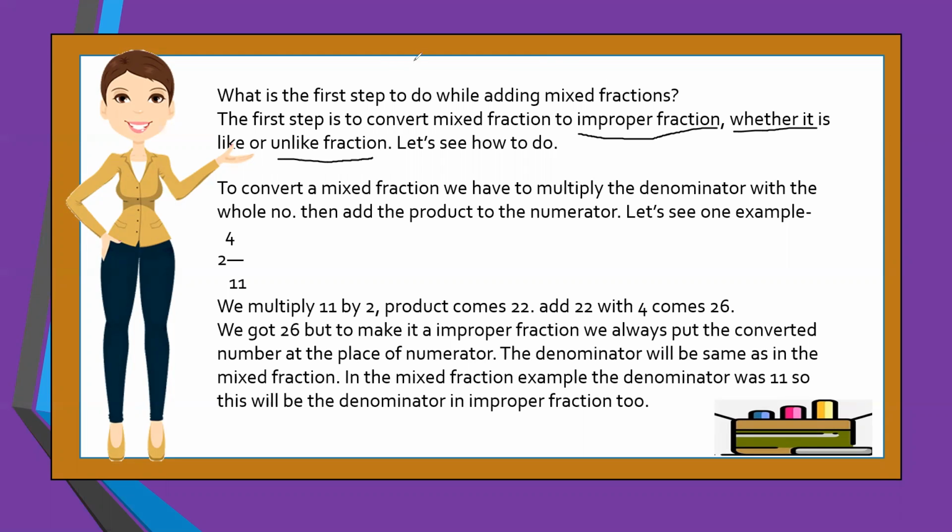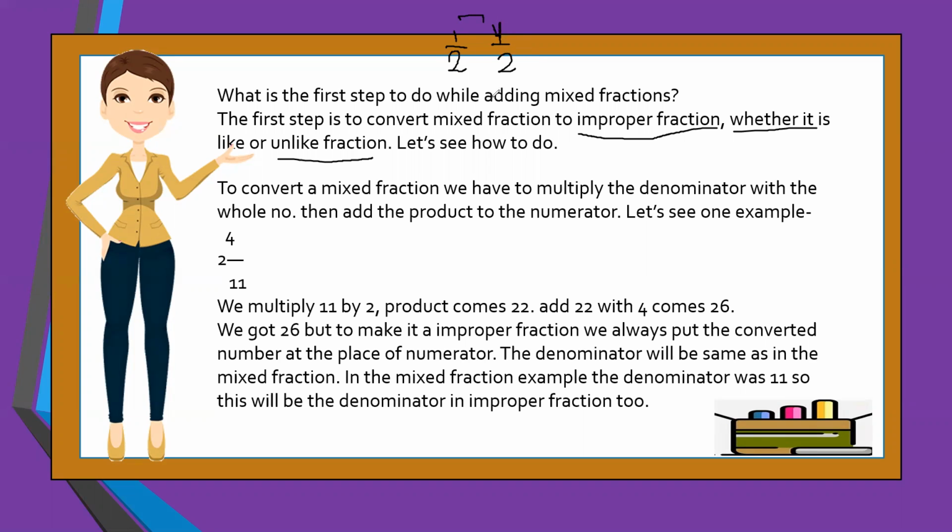So first let's learn what like and unlike fractions are. Like fractions are fractions like 1 by 2, that means half. If I have 2 1 by 2, or these can be so many fractions. If you are given two fractions, both 1 by 2, or this can be 4 by 2.